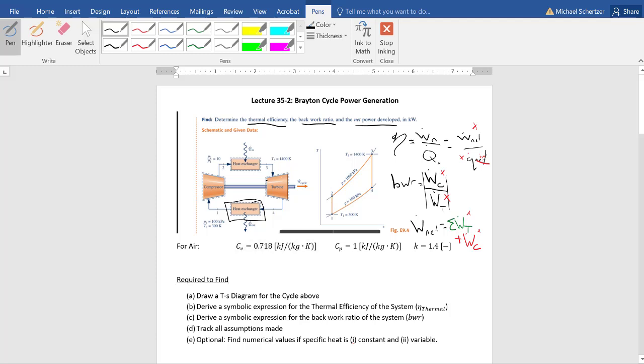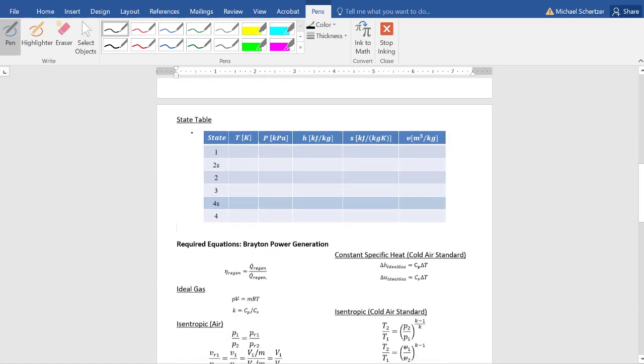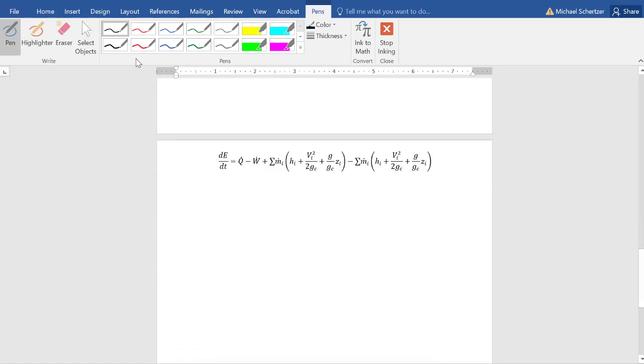So we have these four components, even though one of them is not actually there. It's kind of a pseudo component, but the mass is moving from one component to the next in order for us to do this particular cycle. So that means it's an open system process.